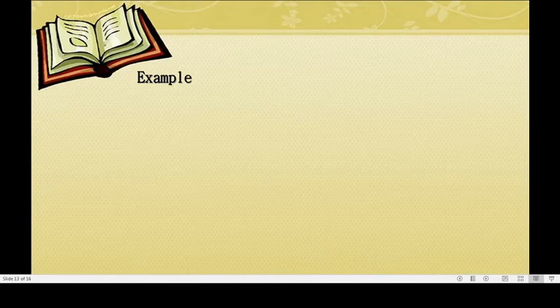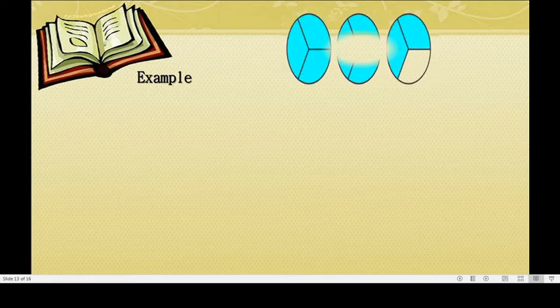So let's have an example. Look at these circles. Let us see the 3 circles. The first and second circles are completely shaded or colored.